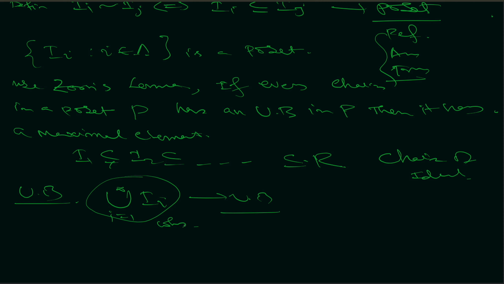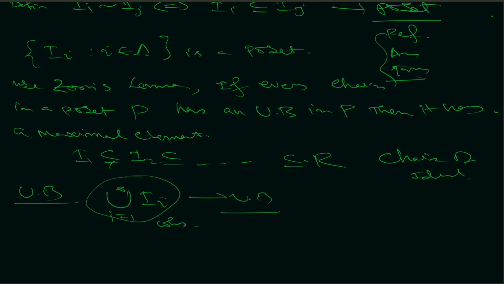It will say that every ascending chain of ideals should be stationary after some finite stage. But here it says that this is an upper bound, and this upper bound is lying inside this poset P.